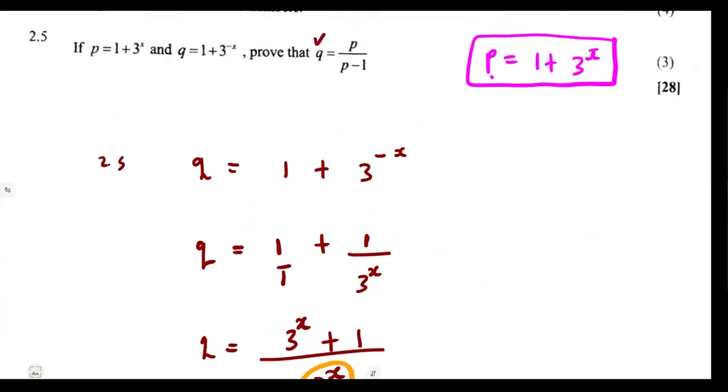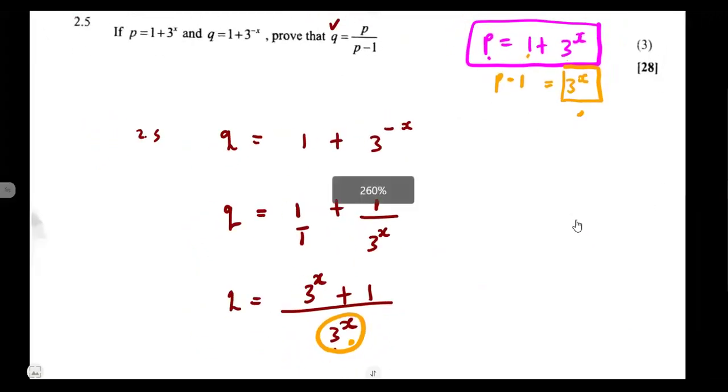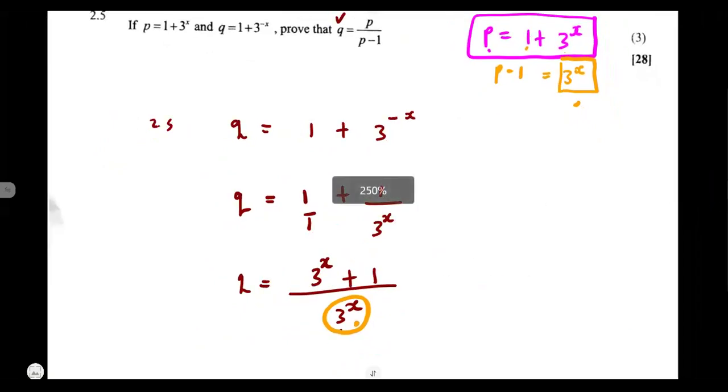If we make it the subject, it's going to be P minus 1. If we move this to the other side, P minus 1 is equal to 3 to the exponent of x. So wherever I see a 3 to the exponent of x, it is the same as P minus 1.